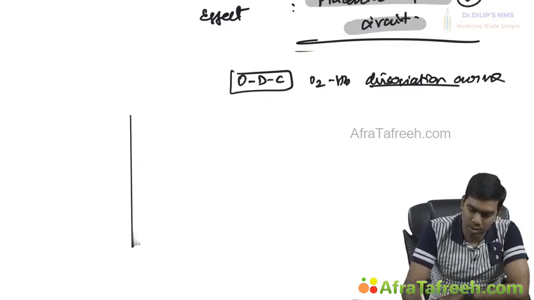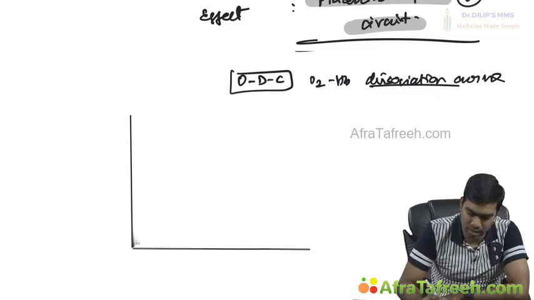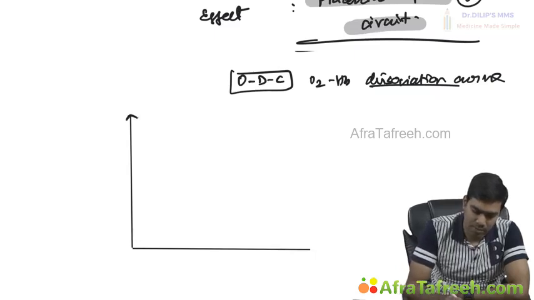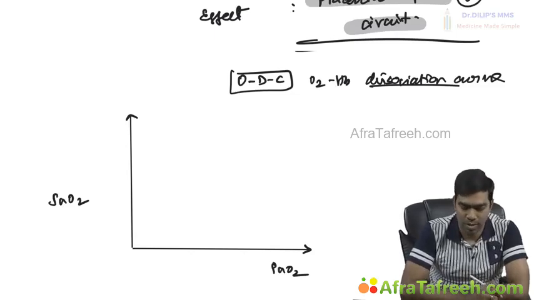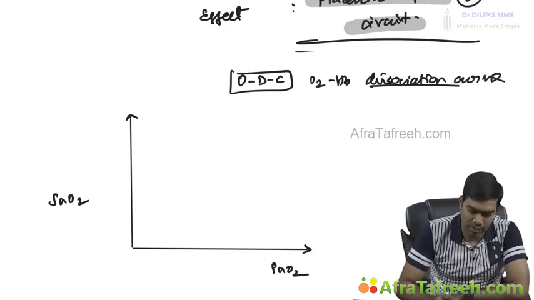So let me put two axes like this. One I can write as the PaO2, that is the partial pressure of oxygen, and the second one I can write as SaO2, that is the saturation of oxygen in the hemoglobin. You can see the initial part of the curve will be a little bit flat, and it starts at 0.